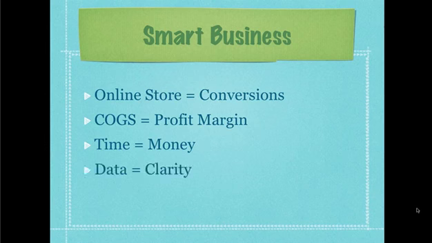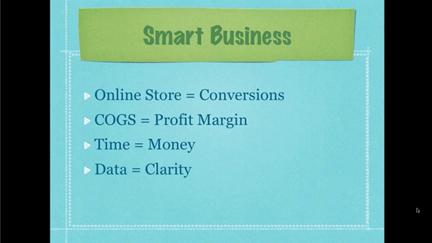Data equals clarity, and data I know isn't so sexy for a lot of designers and crafters out there, but as soon as you start actually running a business, the more you're able to have data and this information behind your sales, behind all of the work that you're doing, everything that you're putting time into, it's kind of that ROI, which stands for return on investment. So you're investing your time into all these things.